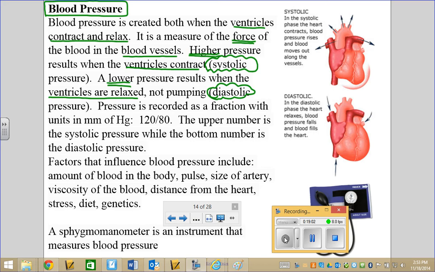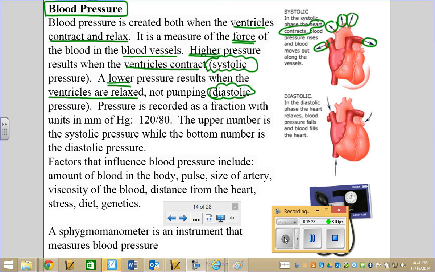During the systolic phase, blood pressure is increasing, and this is because in the systolic phase, your heart is contracting. And if you notice in this picture, it's illustrating that in all of your arteries, blood is flowing from your heart into your arteries.